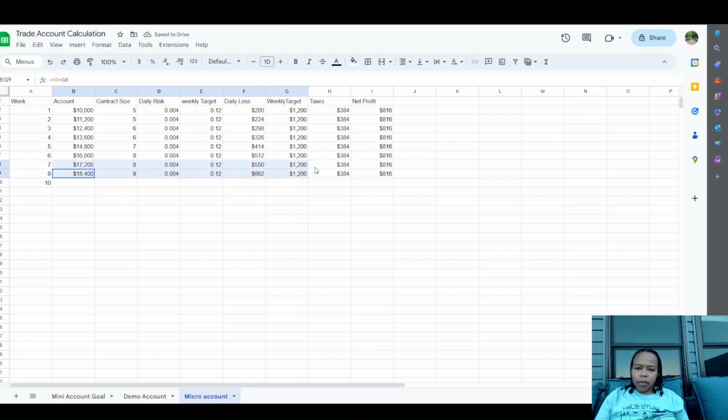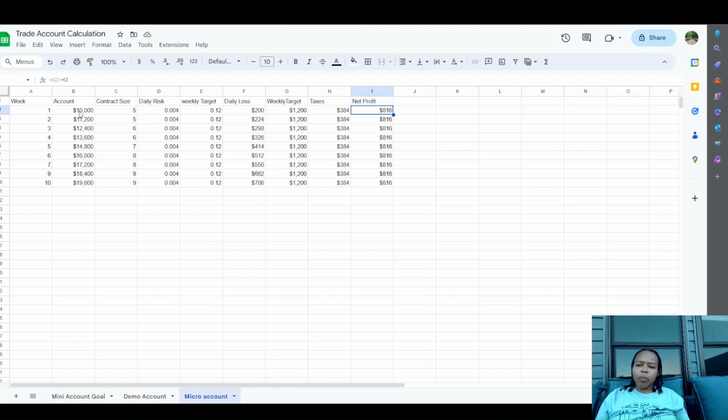So if I do all of this, the weekly target is that net profit. My net profit number is wrong, I believe.